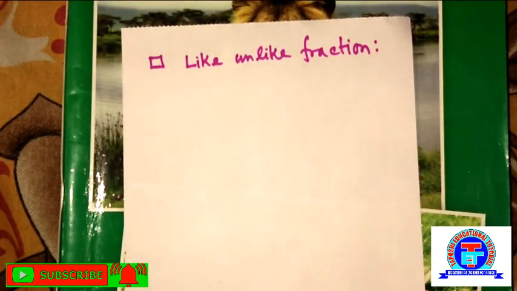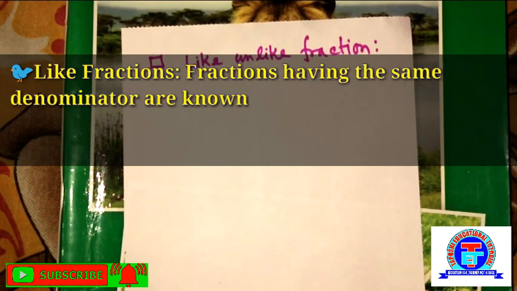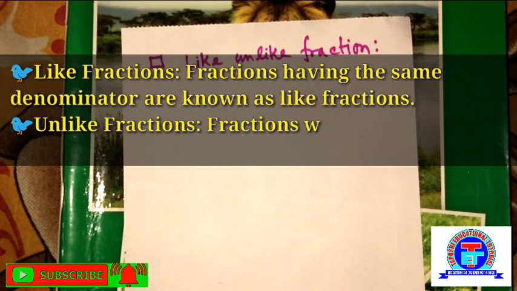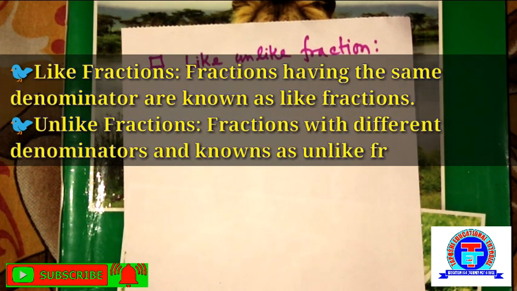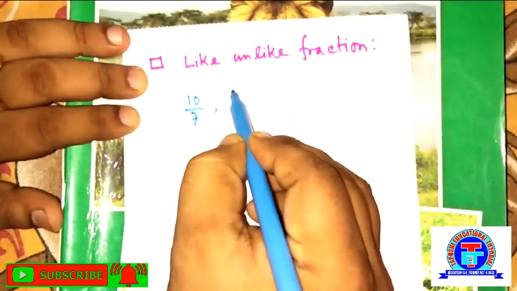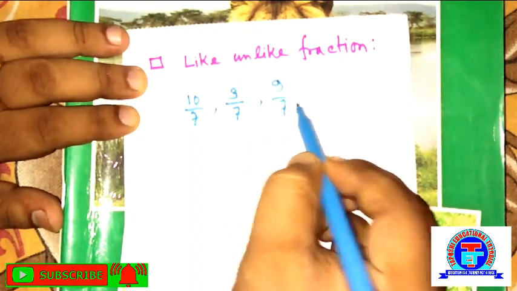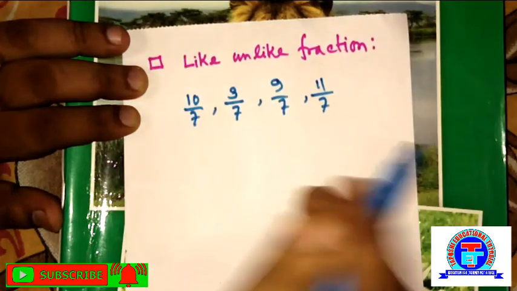Now my dear student, here we learn like and unlike fractions. First of all, what is a like fraction? Fractions having the same denominator are known as like fractions, and fractions with different denominators are known as unlike fractions. For example, here 10 by 7, 3 by 7, 9 by 7 and 11 by 7.